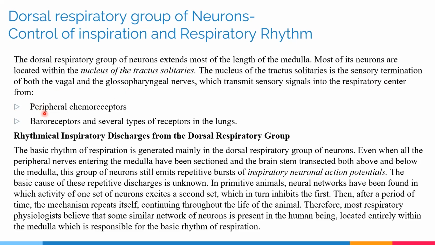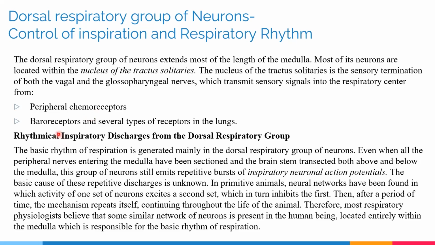originating from first the peripheral chemoreceptors and secondly the baroreceptors and several types of receptors present in the lungs. So in the previous lecture on regulation of blood pressure, we have already come across chemoreceptors and baroreceptors. Chemoreceptors are special receptors present in our body which detect the increase or decrease in the concentration of oxygen, carbon dioxide, or pH of our blood.